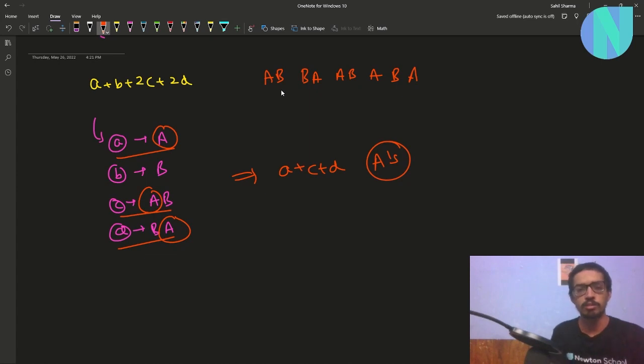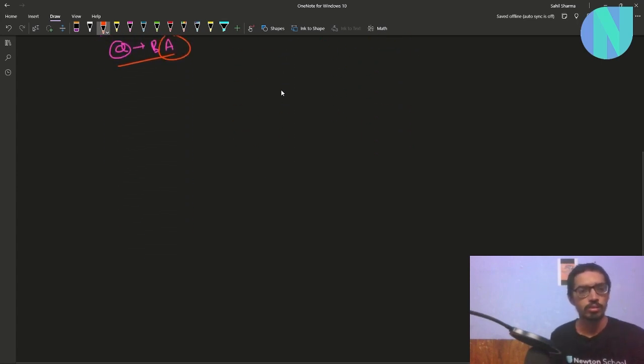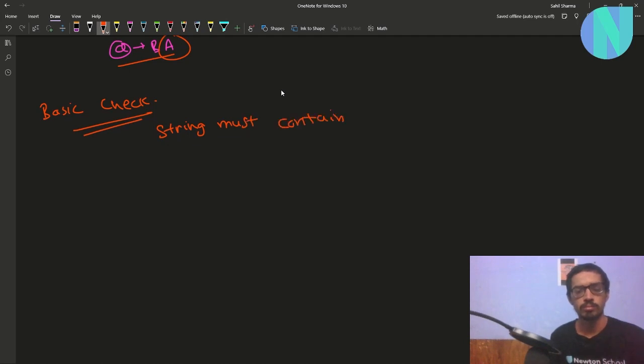That will be our first basic check. The string must contain a plus c plus d number of capital A's, otherwise it's not possible.